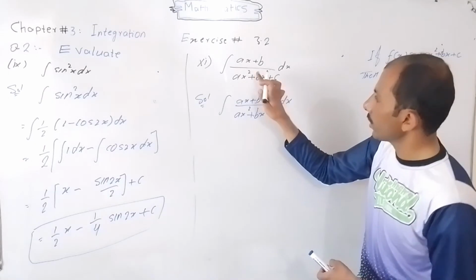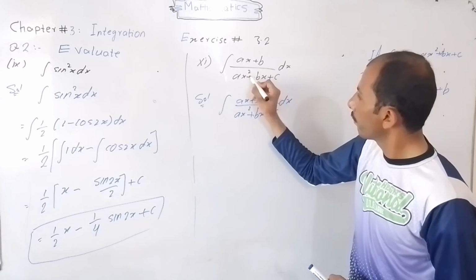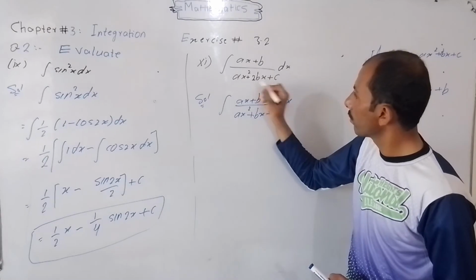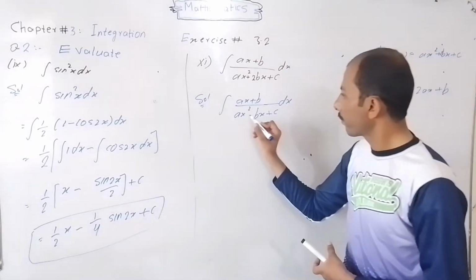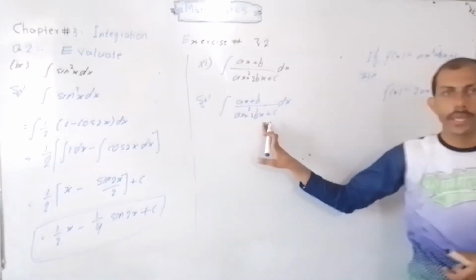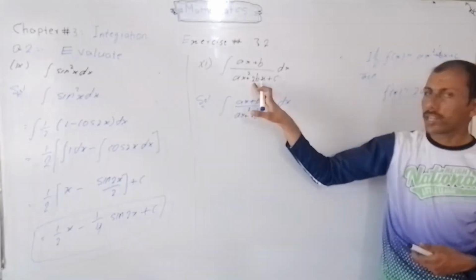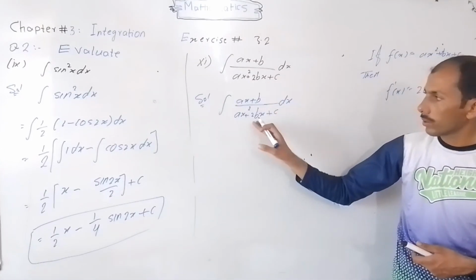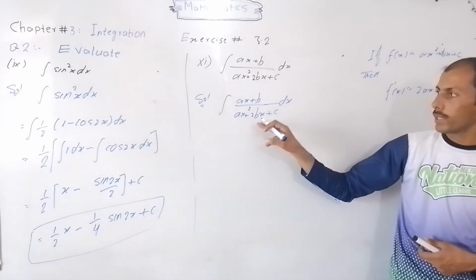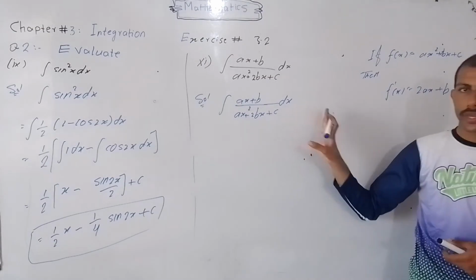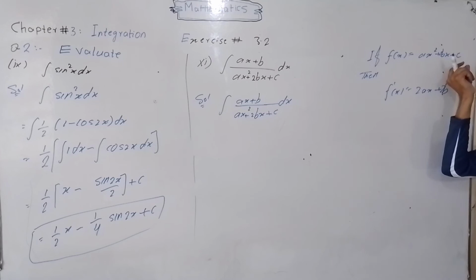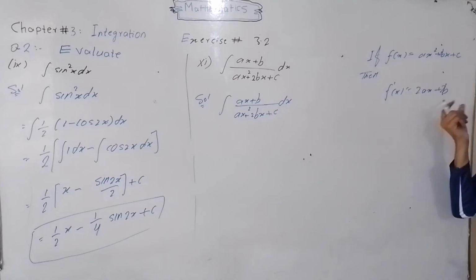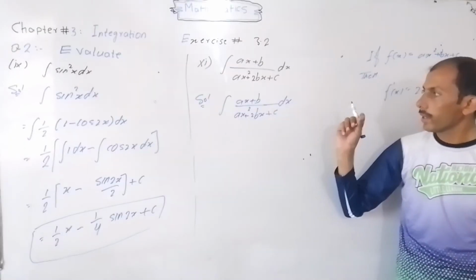So correct the question: the given question is ax square plus 2bx plus c. So the derivative of 2bx is equal to 2b. So we multiply and divide by 2.